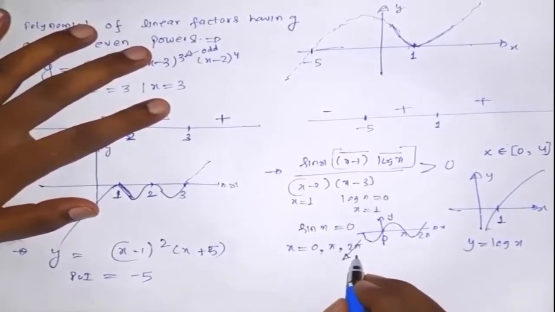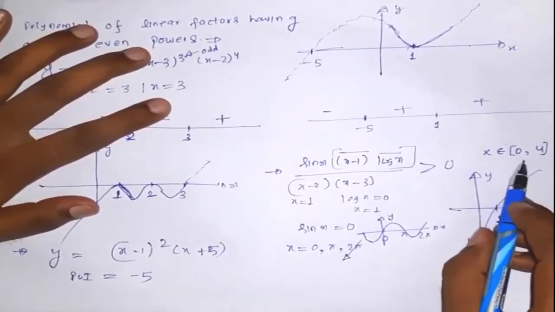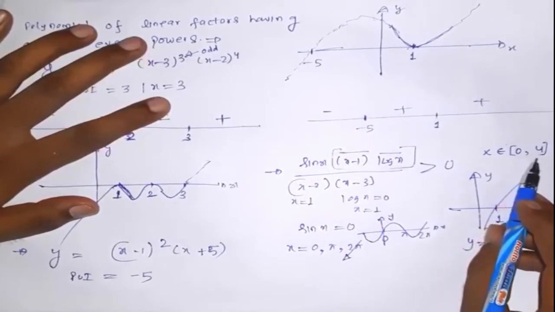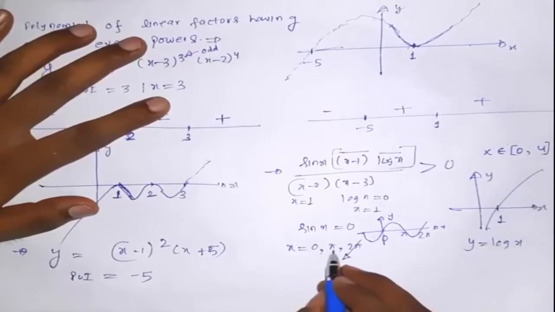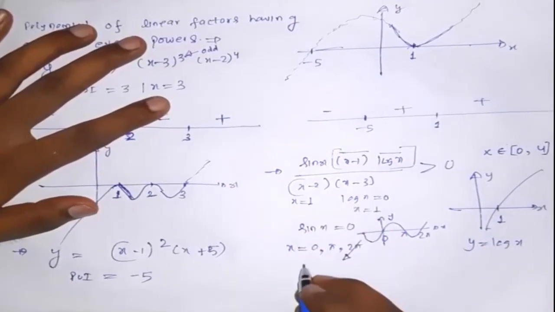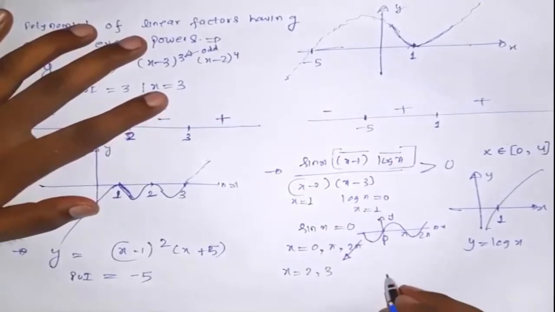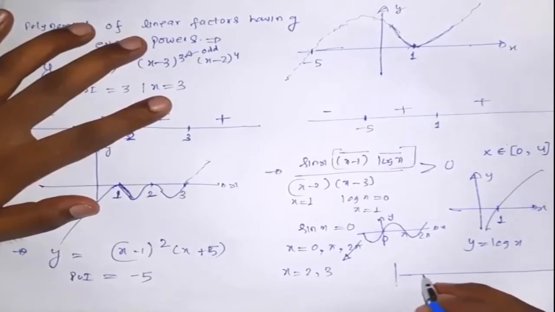So here 0, pi, 2 pi. We can find x equals 0, pi, 2 pi. But 2 pi is not valid because 2 pi is 6 point something, which is greater than 4. We are not talking about values of x greater than 4.